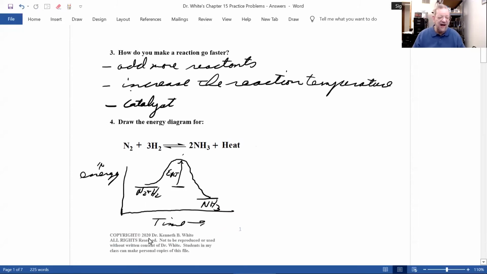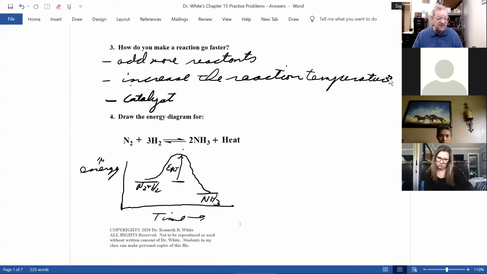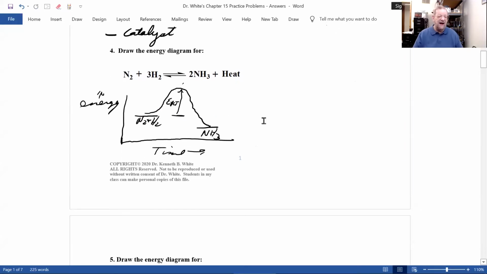All right, next, let's talk about energy diagrams. Energy diagrams on the y-axis is energy, and on the x, time. Everybody see the energy diagram on there? Thank you. All right, now, if we look at this reaction, nitrogen plus hydrogen is in equilibrium with ammonia plus heat. And this is an exothermic reaction.